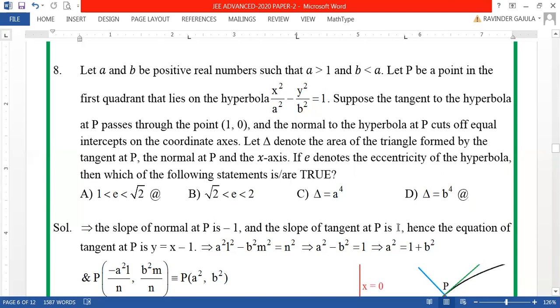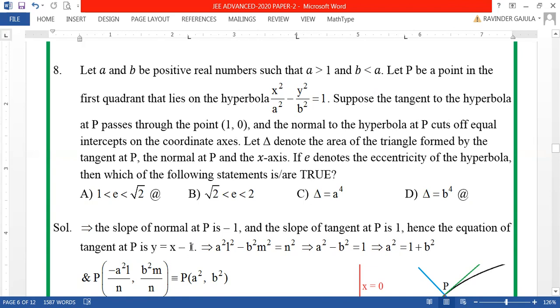When the slope of the normal is minus 1, the slope of the tangent will be 1 at the same point P. Hence, the equation of the tangent at P can be taken with slope 1 and passing through (1, 0). The equation of the tangent is y minus 0 equals 1 into x minus 1, that is y equals x minus 1.